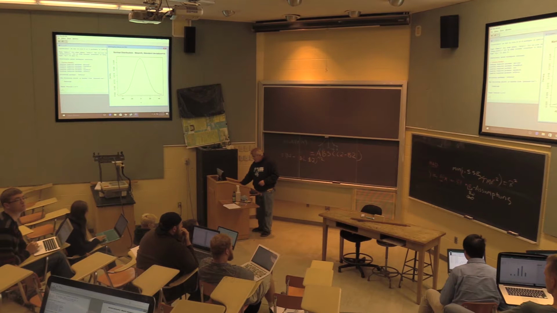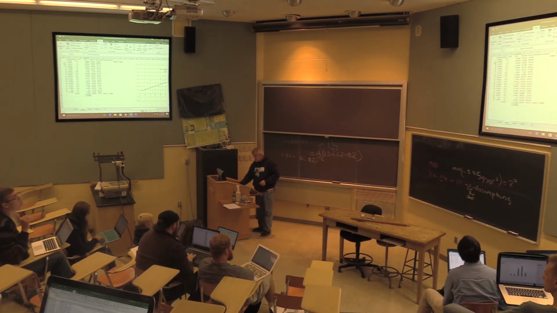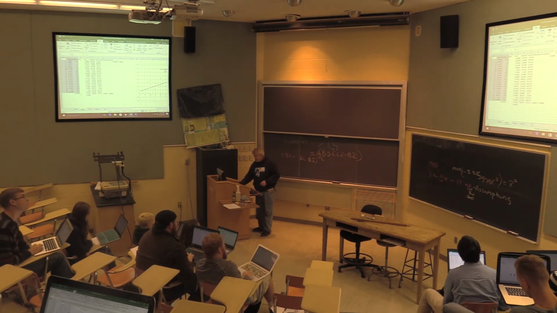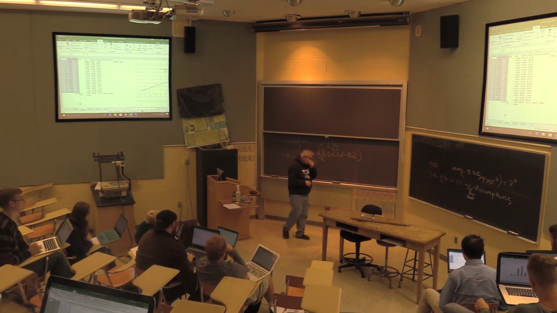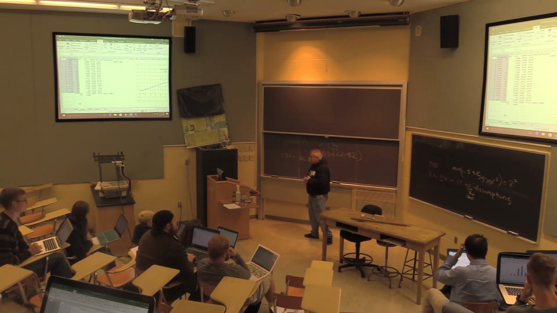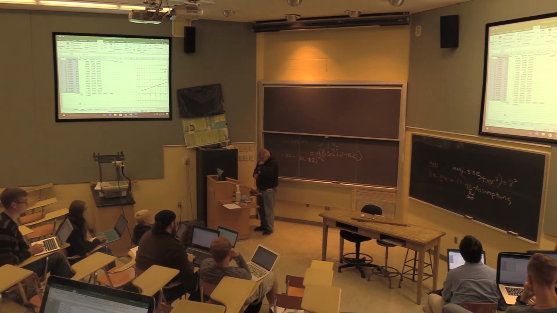All right, so let's go back over to Excel, back to sheet 1. And we're going to just select A1 through C20. And we're going to copy that.